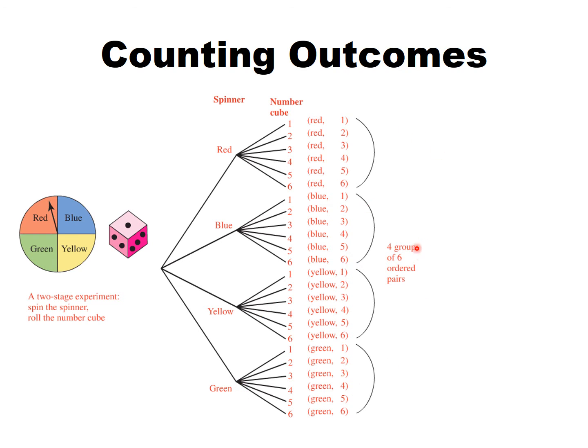So here we have 4 groups of 6 different ordered pairs, which is just another name for our outcomes. Four groups of 6 sounds just like our definition of multiplication. So the total number of outcomes is the 4 groups times the 6 items in each group, 4 times 6, which is of course 24.